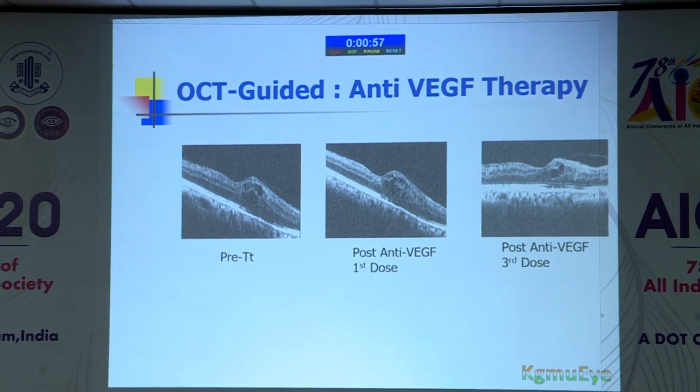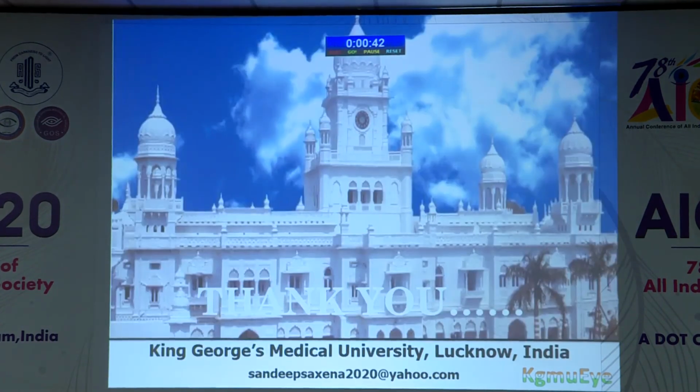So the thing we had described maybe about 10 years back, we have been able to find that with the advent of anti-VEGF therapy, the external limiting membrane tends to get back, and subsequently that leads to the restoration of the ellipsoid zone.